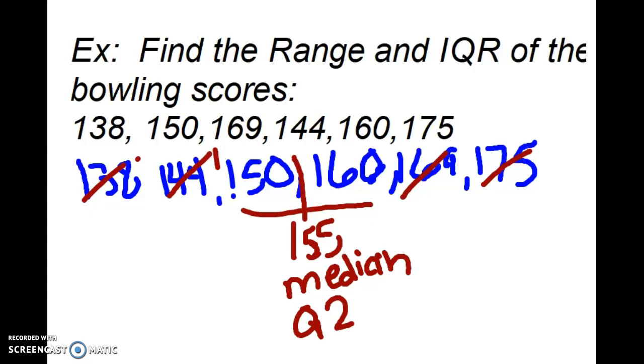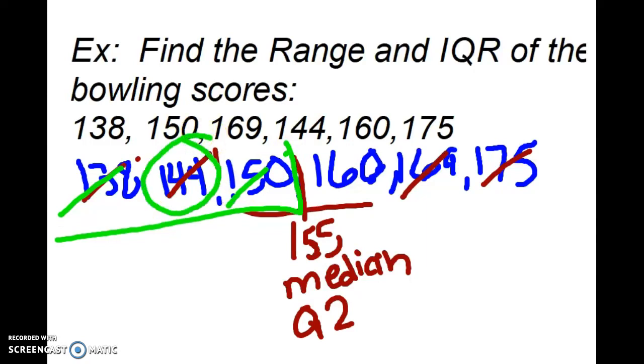Okay, so now we're going to go back and find the median of our lower set of data and then our upper set. So our lower set of data is right here where I drew this line earlier. We're going to find the median of that the same way we find the median usually. So this 144 is my quartile 1.